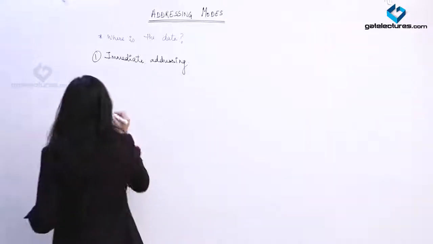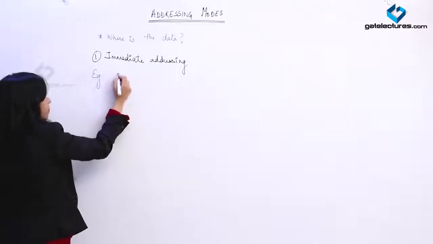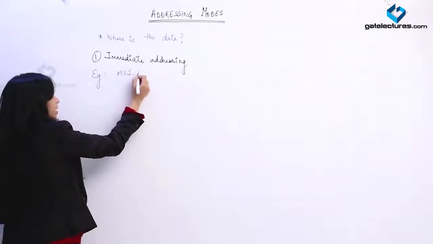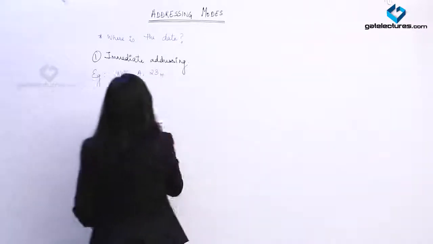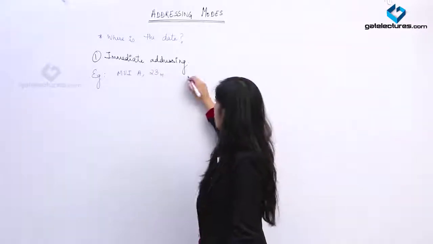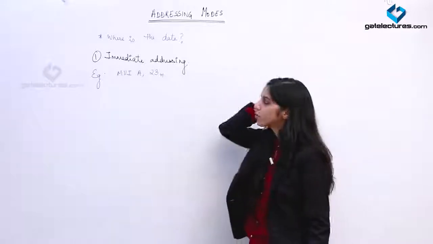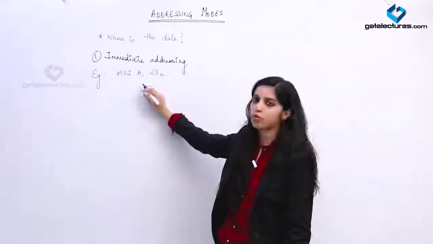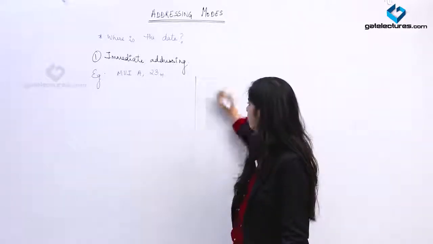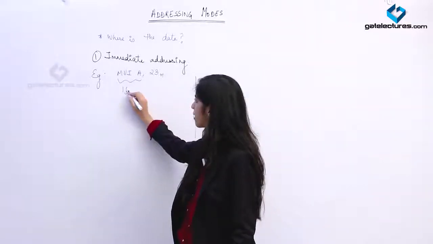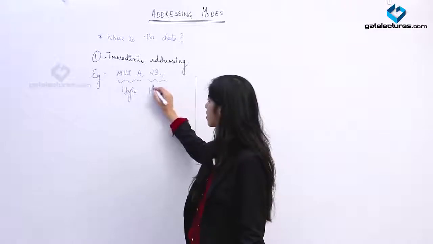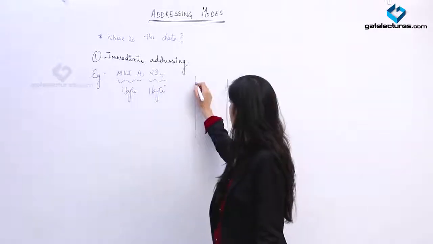For example, suppose we've got an instruction MVI A, 23H. We already know that all the opcodes, all the instructions, are saved in memory. This is a 2-byte instruction: it constitutes 1 byte for the opcode and 1 byte for the data.